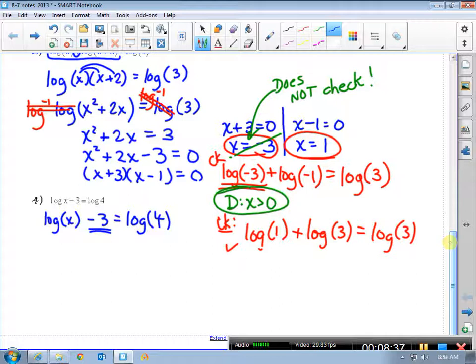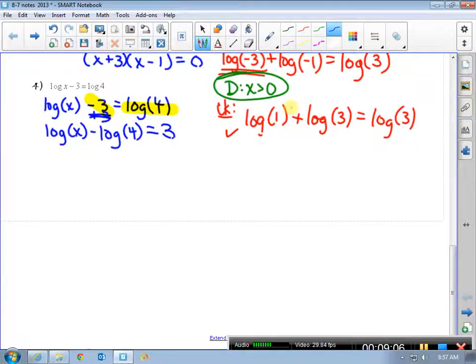So what I'm going to do is get the 2 logs together and take the 3 over to the other side. So I'm going to subtract over this log of 4 to the other side, and I'm going to add that 3 over to the other side. So I will have the log of x minus the log of 4, bringing it over, equals, and adding this guy over, equals 3.